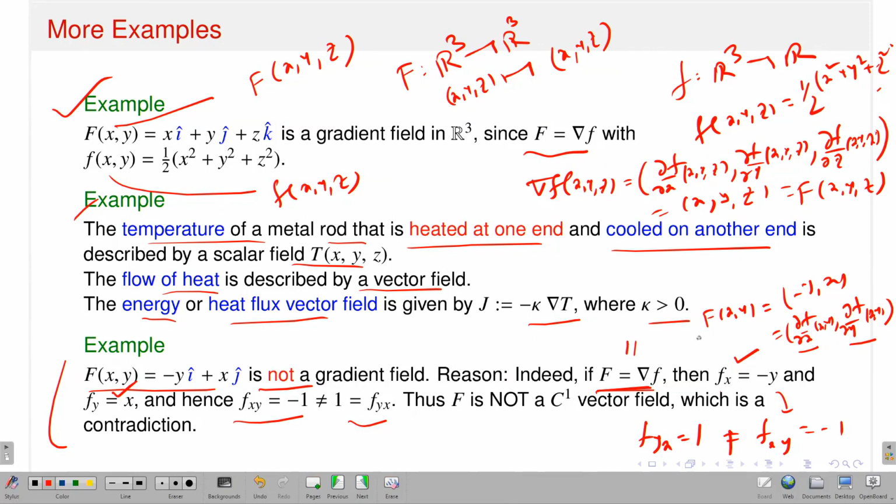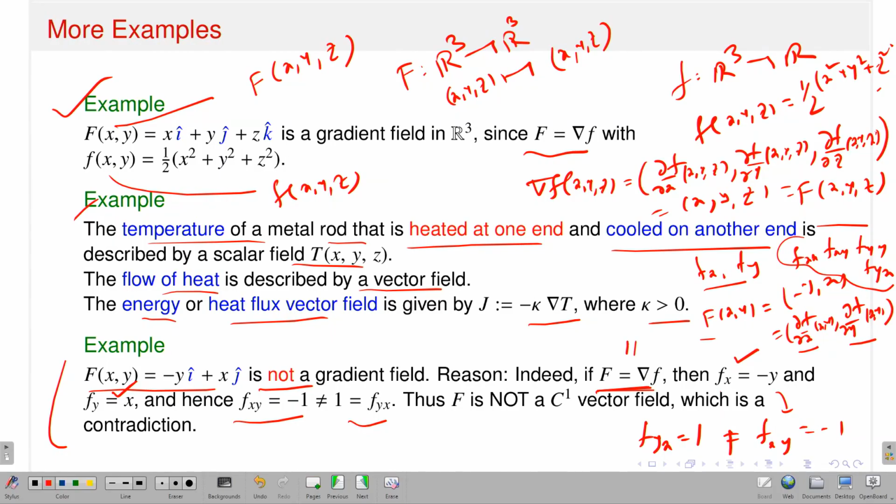Differentiable means the mixed derivatives exist, that means f_xx, f_xy, f_yy and f_yx. These are the derivatives of f_x and of f_y.